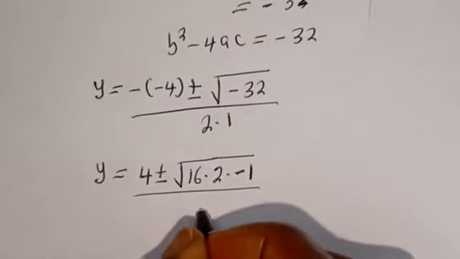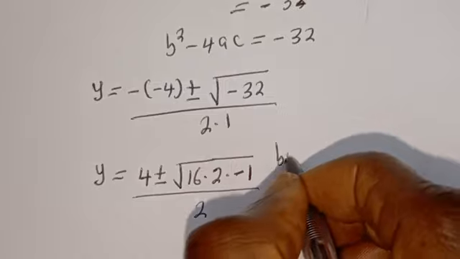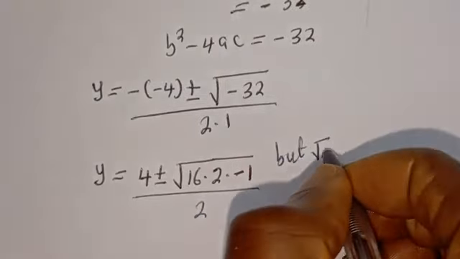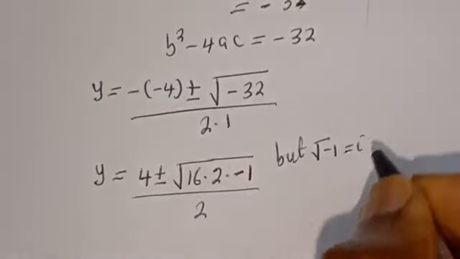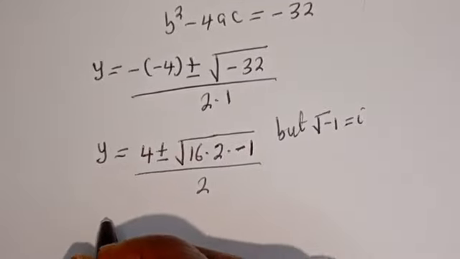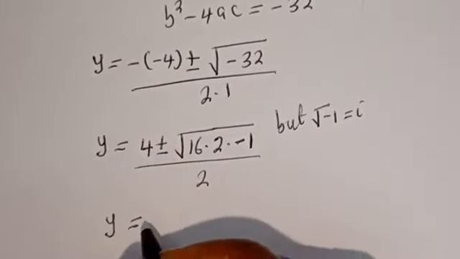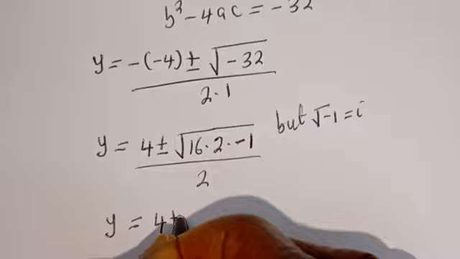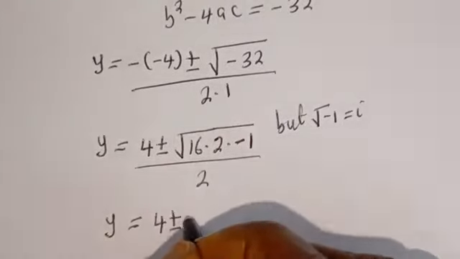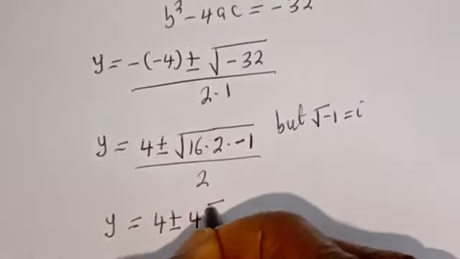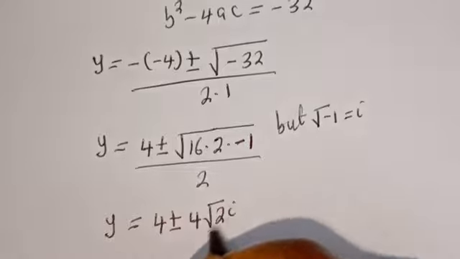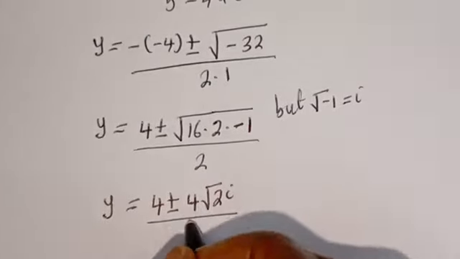But we know that square root of minus 1 is equal to i. Then y is equal to 4 plus or minus, square root of 16 is 4, root 2 i, divided by 2.